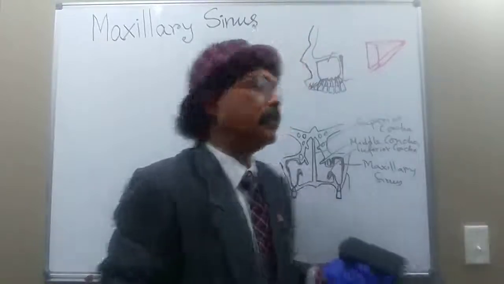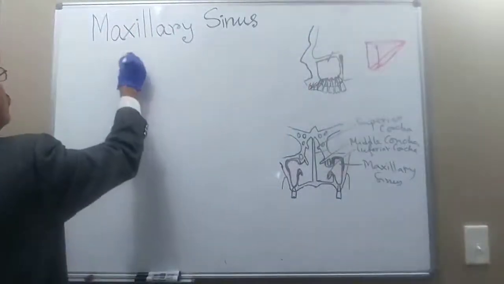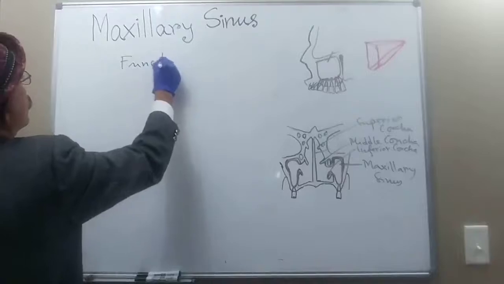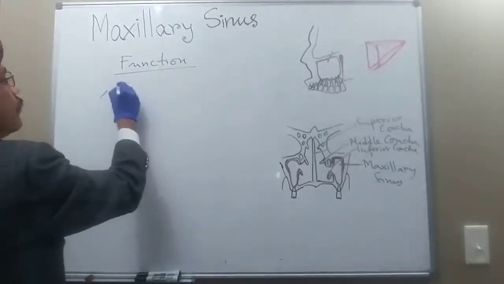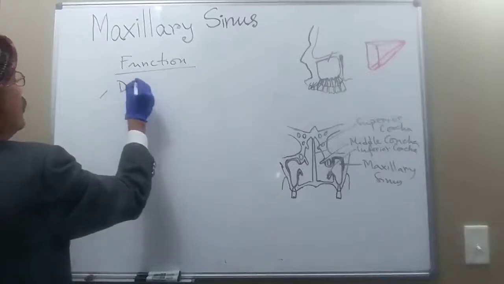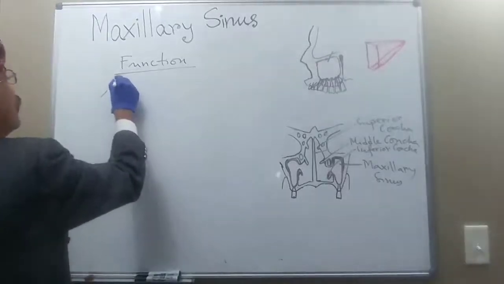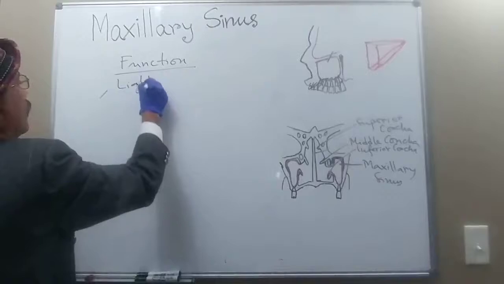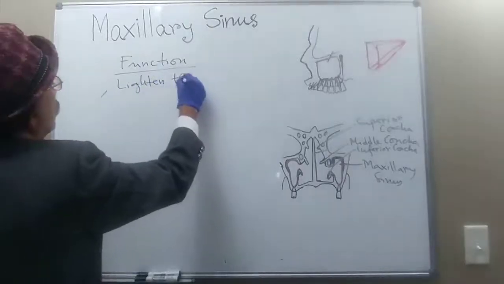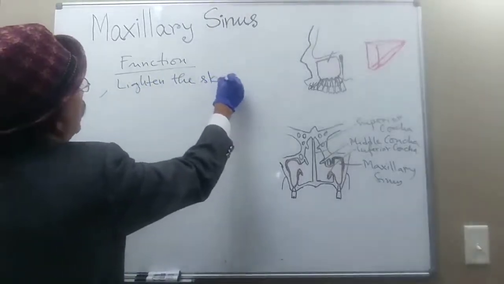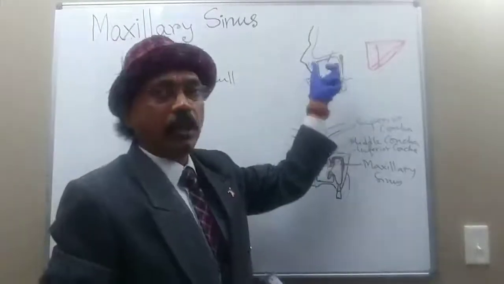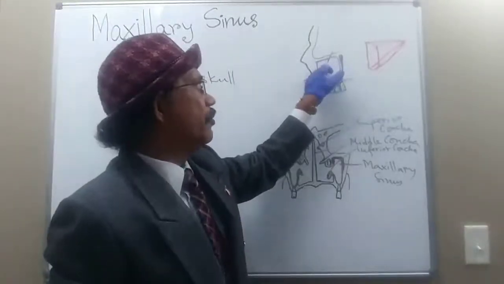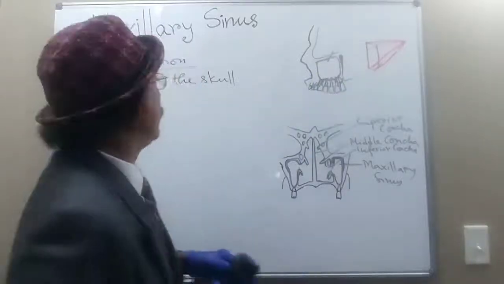What are their functions? Functions of the maxillary sinuses: it lightens the skull, because it is an air space, so the weight of the skull is decreased because this is hollow and it contains air.